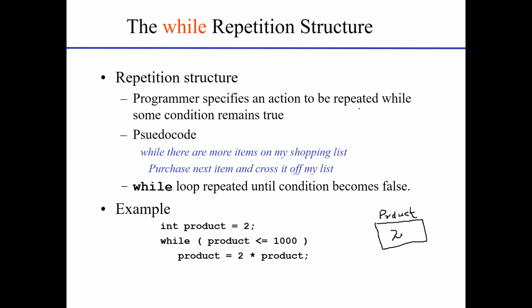Writing a while is very simple. The while is written as while, and in brackets you place a condition, and after the condition you make a block, and in the block you may have one or more statements.